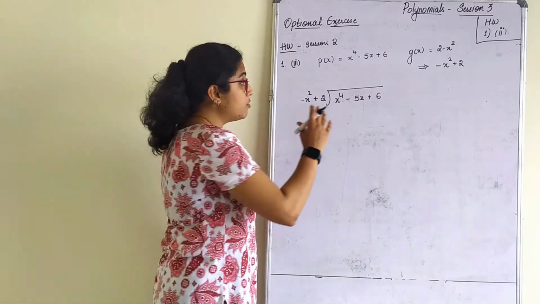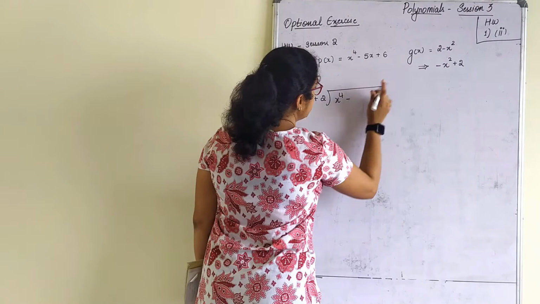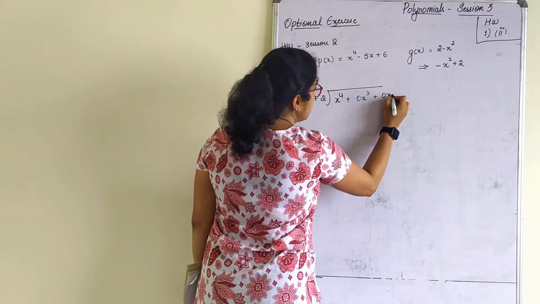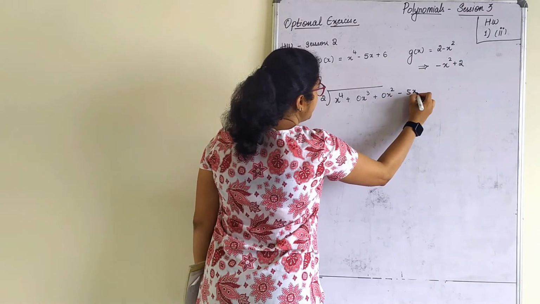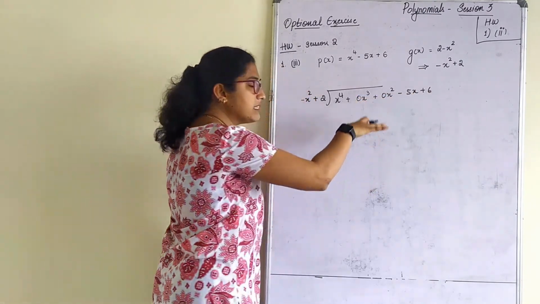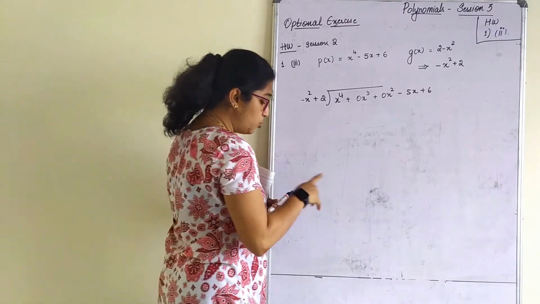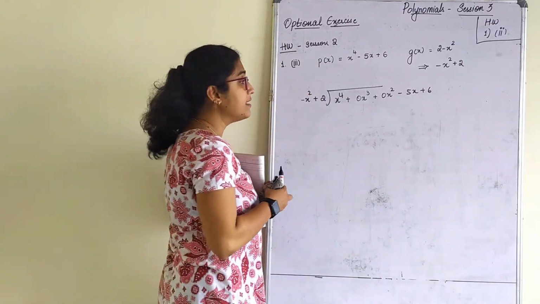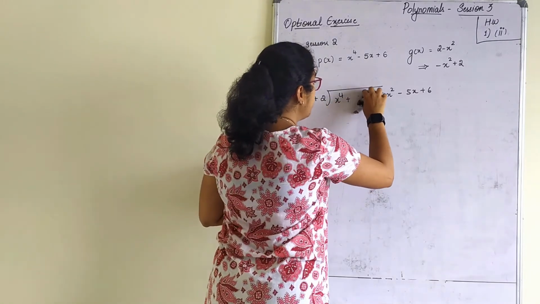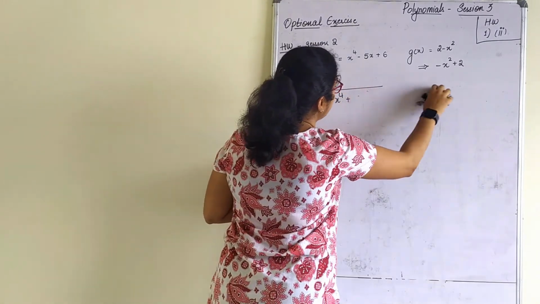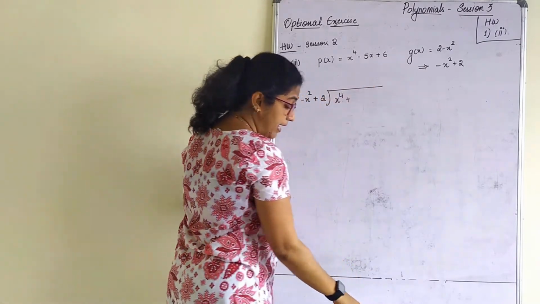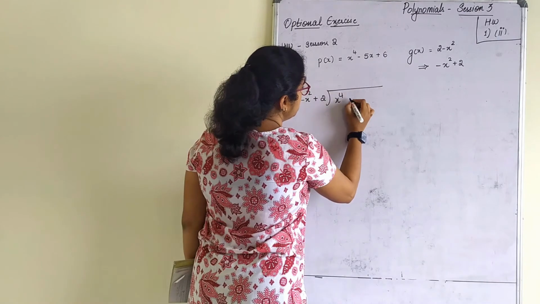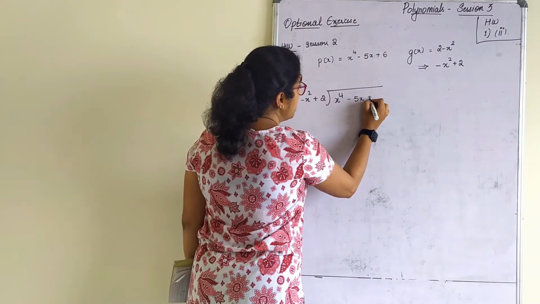You can also write it as plus 0x cube plus 0x square minus 5x plus 6, but I will usually not use the 0s, they are not required. We can also do it, but be very careful in subtracting. Where x cube and x square terms are not there, do not subtract anything else. We will directly do it as it is, minus 5x plus 6.